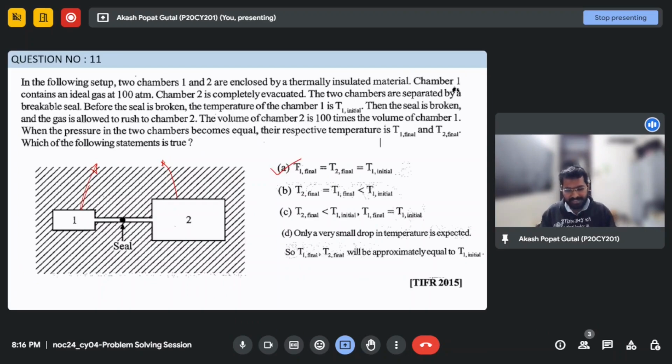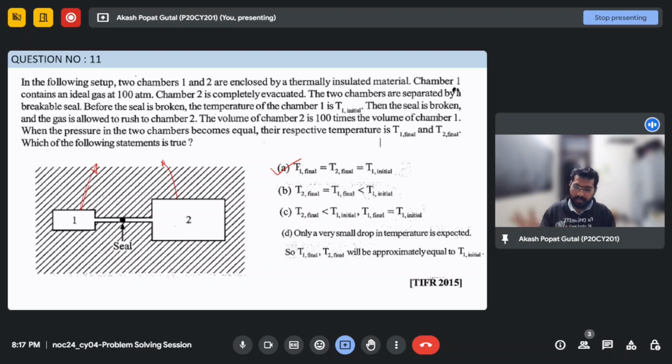So the question is built in such a way that it creates the environment of being difficult. But if you really see the question, it's only dependent on one concept: there is no work done by the free expansion of any gas. Once the expansion happens and the gas is released to chamber 2, it doesn't do any work, which means there is no change in internal energy.